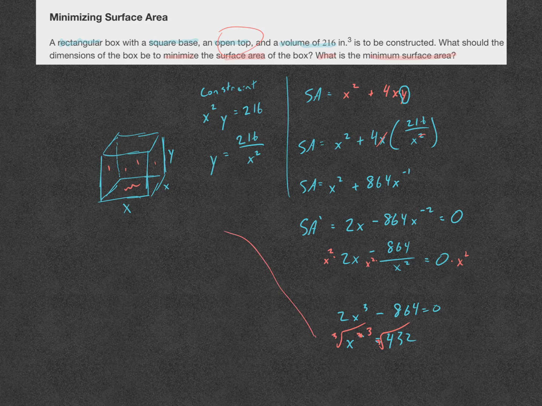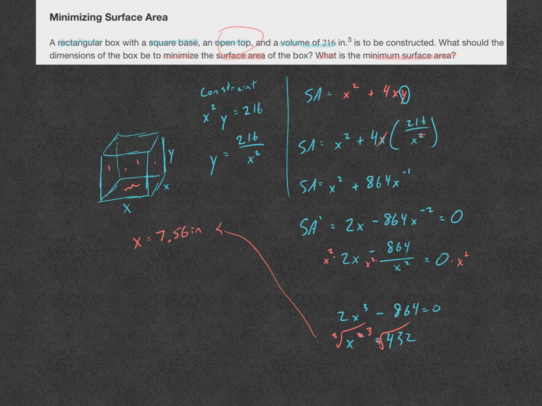Okay, and let me come back over here for my answer. X is equal to, and I'm going to write this in decimal form, to 2 decimal places, 7.56 inches. So the bottom dimension of the box is 7.56 inches.